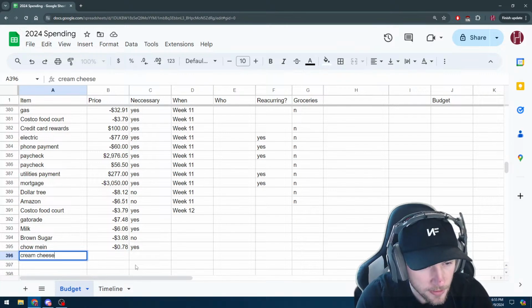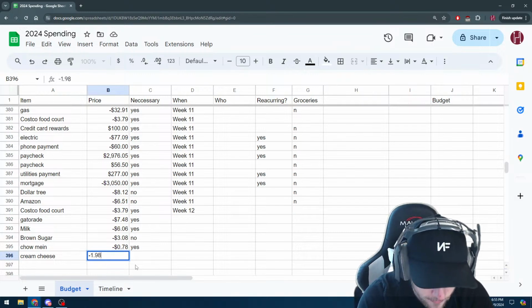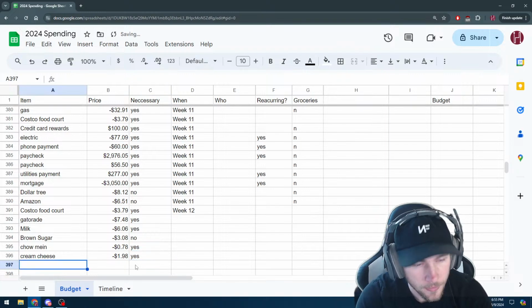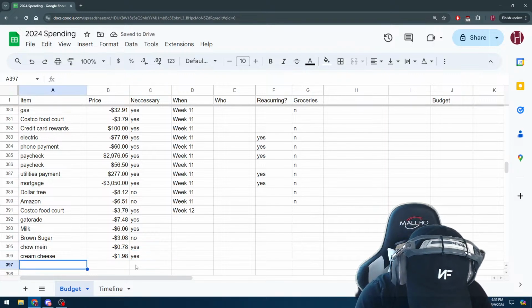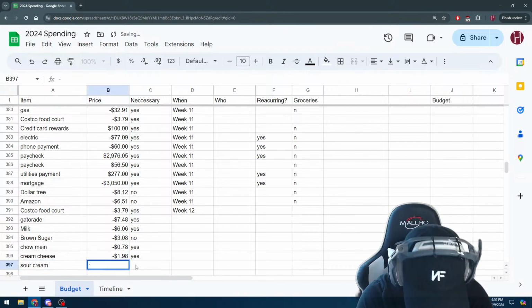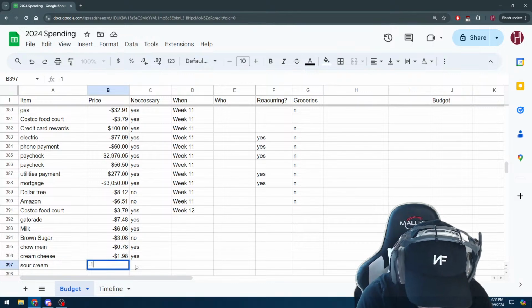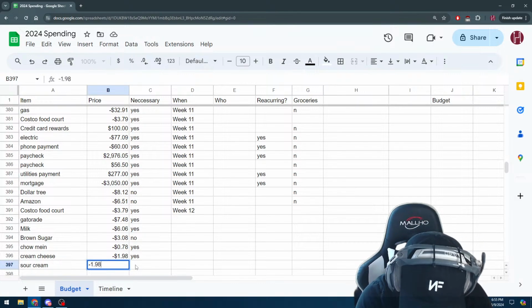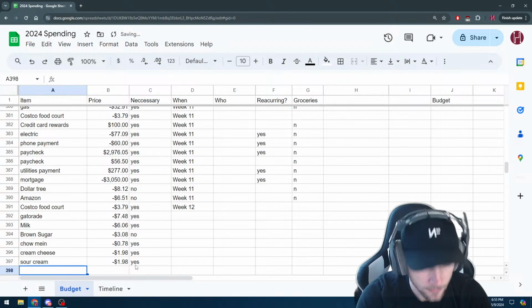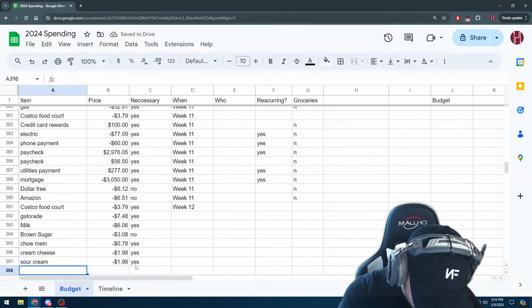Cream cheese. What are we looking at? 198. Sour cream, 198 as well. Crazy. What else? What else?